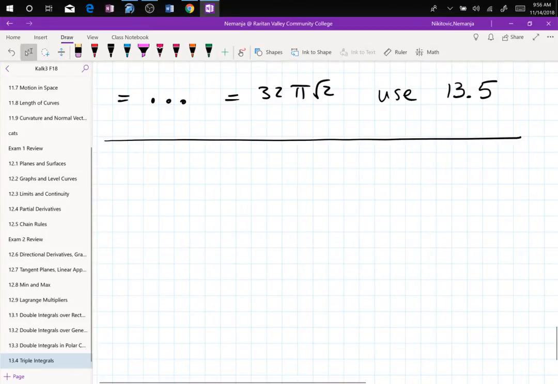And again, I have no clue why, but they give you the formula for the plane. You should be able to find the formula for the plane because you have 3 points. That was in your first exam and the second exam, right? You have 3 points, you create 2 vectors, you cross those 2 vectors to get the normal vector, you put the points in and subtract, and you come up with that equation. There is no need for that equation to be given because you know how to find it.